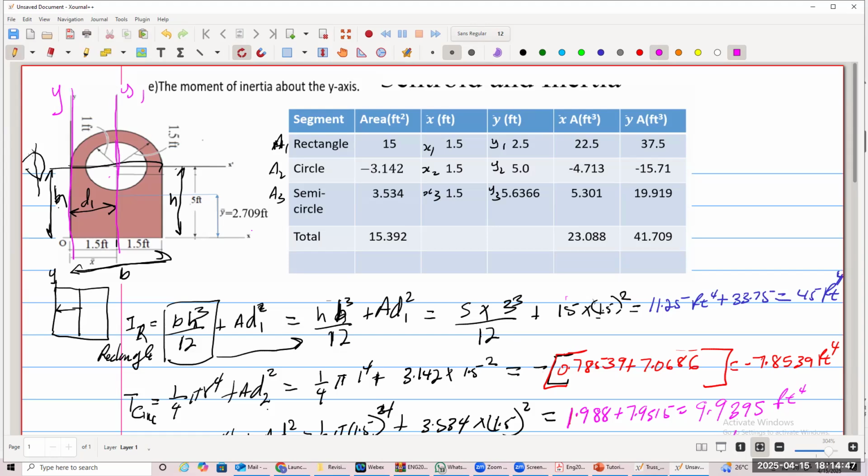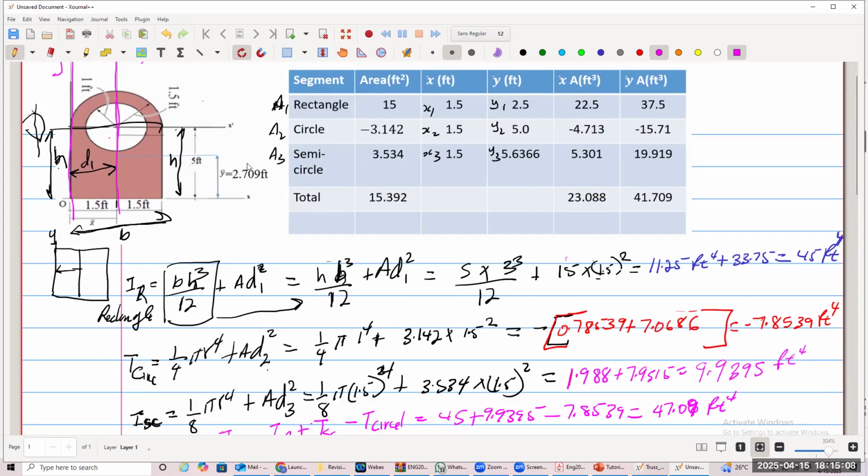You see, if you were to find the inertia around the centroidal axis in the Y direction, you know what would happen? You can tell me what would be the value. What would be the value here, just looking at these figures?